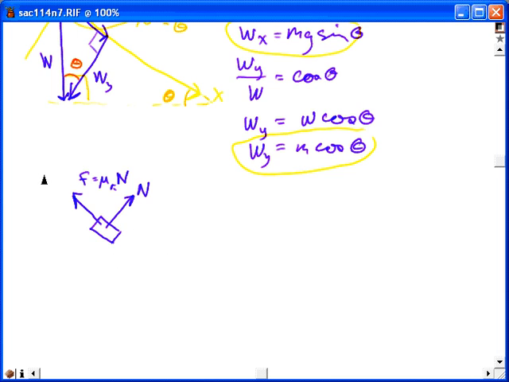I'll put the acceleration as an arrow that's not touching the object but is near it, in the up the ramp direction, call that A. And then we had our Wy component, which was mg cosine of theta, and the x component, this one up here, Wx, which proved to be mg sine of theta.